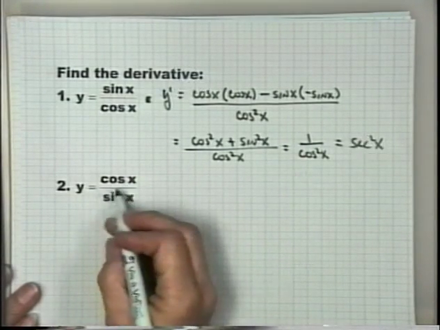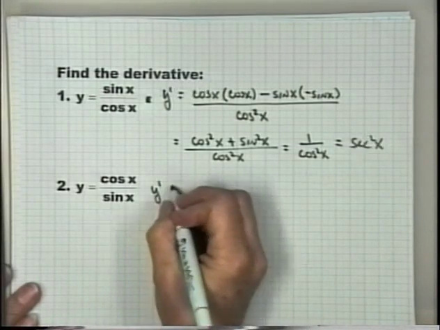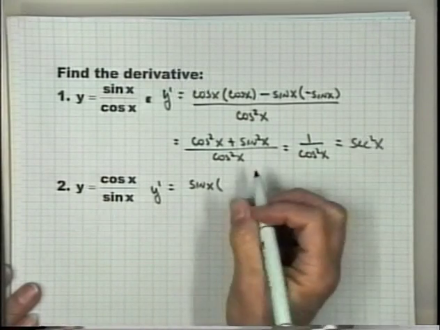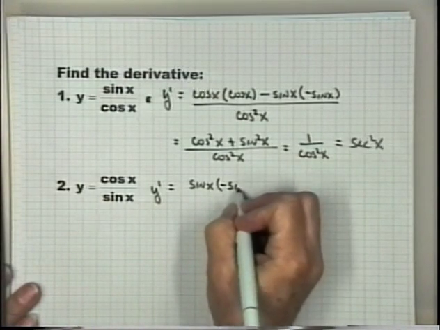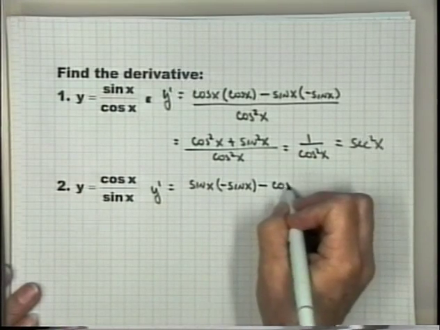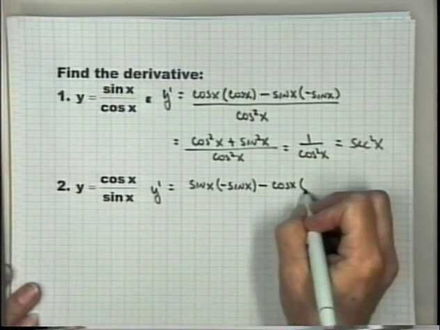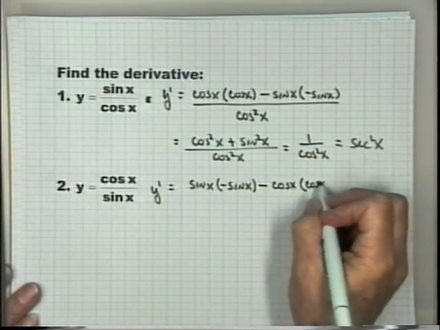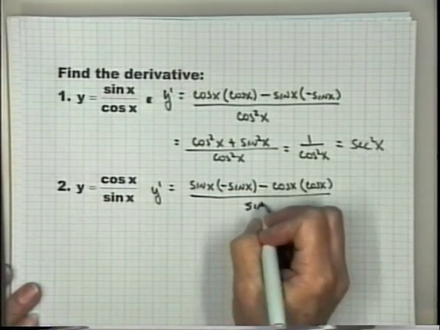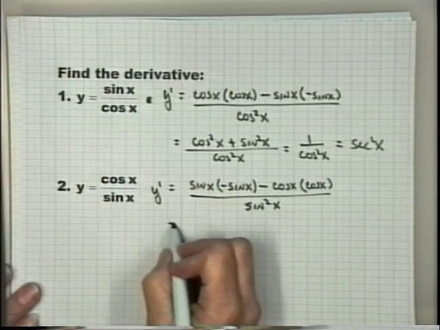This time we have cosine x over sine x, and we're going to get the derivative. Denominator, sine x, times derivative of numerator, negative sine x, minus numerator, cosine x, times derivative of denominator, cosine x, all over denominator squared, so that's sine squared.